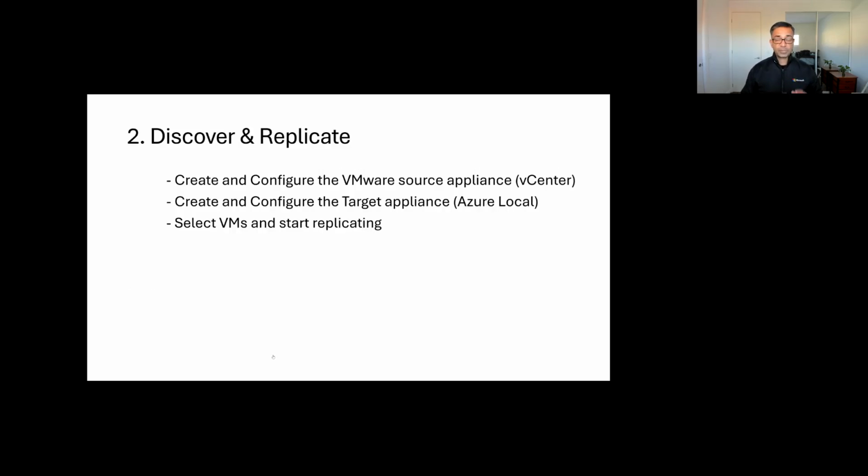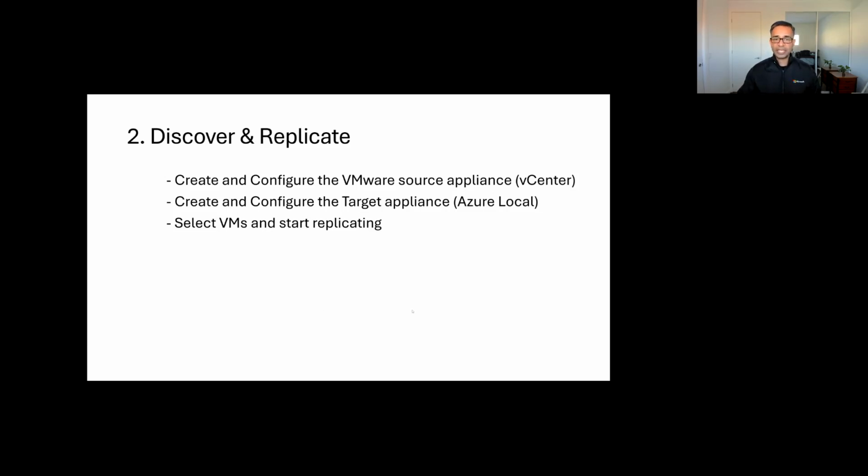As part of the second step, which is discover and replicate, we're going to first create and configure the VMware source appliance, which is vCenter, then create and configure the target appliance in Azure Local, and then select the VMs and start replicating.